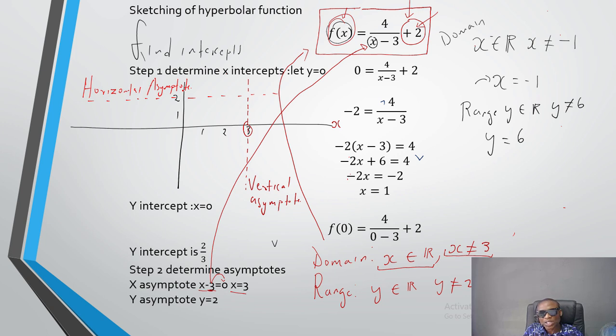So now I think we are ready to sketch the graph. We know the x-intercept and the y-intercept. We know the asymptotes. So we are able to sketch this graph.